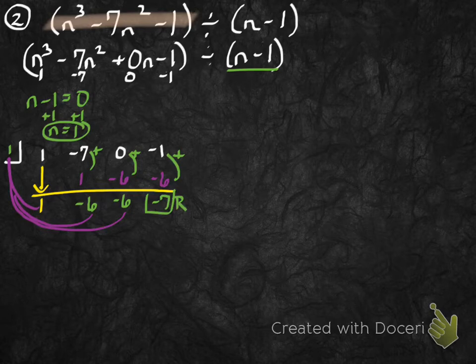And so let's go back and rewrite it as a problem. So this was my n cubed, my n squared, my n, and my constant. So this will become my n squared, this will become my n, my constant, and my remainder.